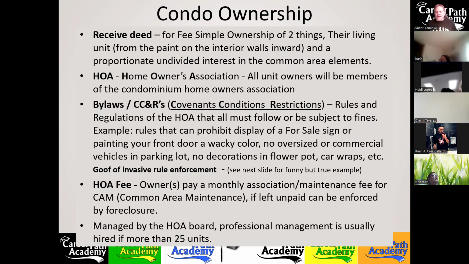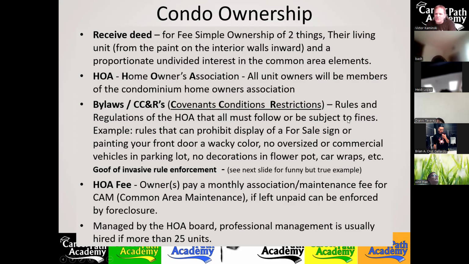So what is an HOA? It's a homeowners association, and all unit owners will become members of it. And bylaws, or covenants, conditions, and restrictions, the CC&Rs, are the rules and regulations created by the HOA that all the property owners need to follow.